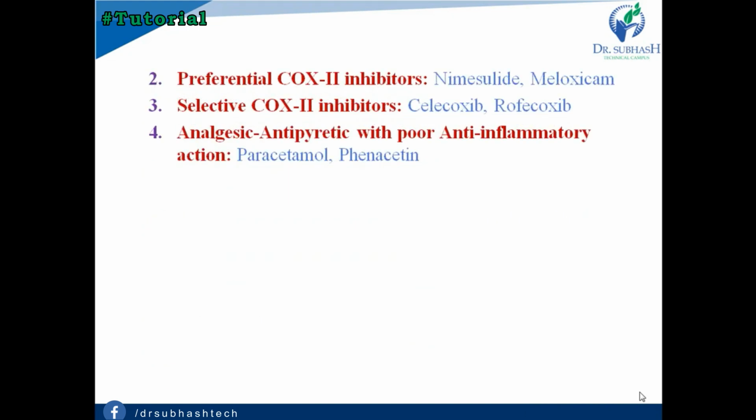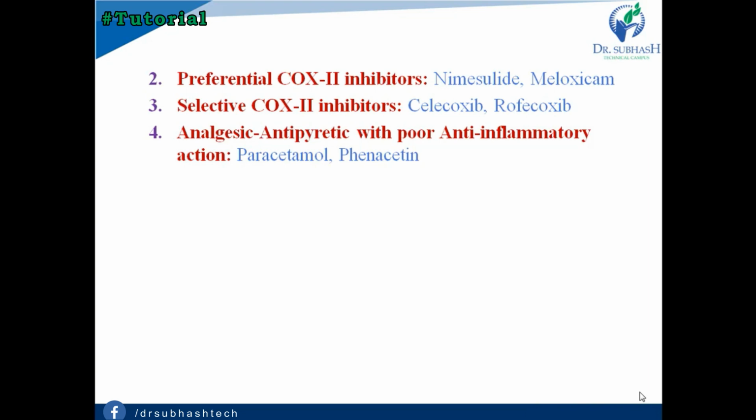Second class is preferential COX-2 inhibitors, in that the drugs are nimesulide and meloxicam. Third is selective COX-2 inhibitors, in that the suffix will be coxib: celecoxib and rofecoxib. And fourth is analgesic antipyretic with poor anti-inflammatory action, in that there are para-aminophenol derivatives: paracetamol and phenacetin.